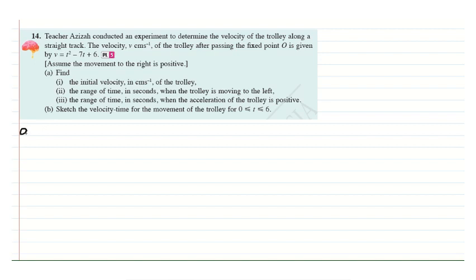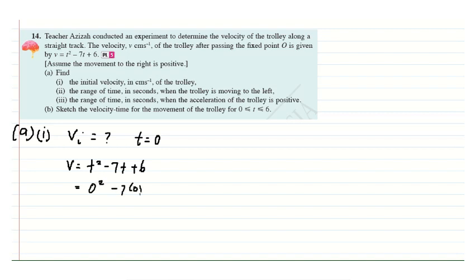As you know, initial velocity happens when time t equal to 0, at the starting point, or we can say here at the fixed point O. So v will be equal to t square minus 7t plus 6, substitute t equal to 0, will be equal to 6 centimeter per second.